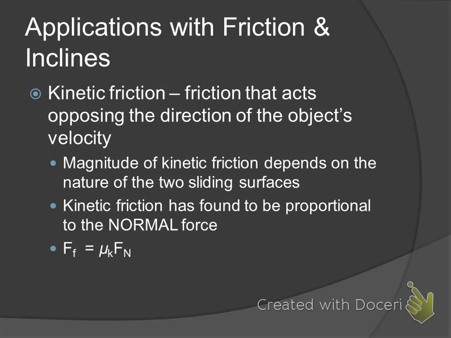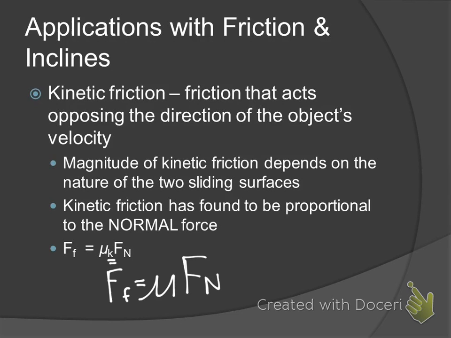Now we have another equation that we can substitute into our F net equation. And this is force of friction is equal to a Greek letter called mu times the normal force.